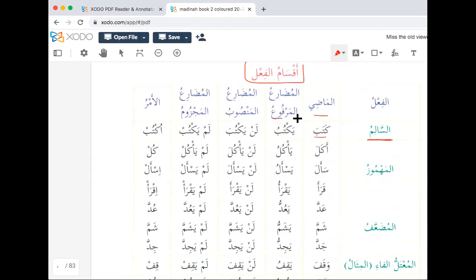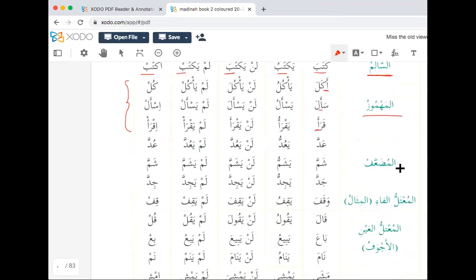In Mudari, yaktubu. That's when it's marfu'. Mansub, lan yaktuba. Majzoom, lam yaktub. Amr, uktub. Then you have mahmuz with a hamza. Hamza in the front, hamza in the middle, hamza at the end. And each of these has an example.